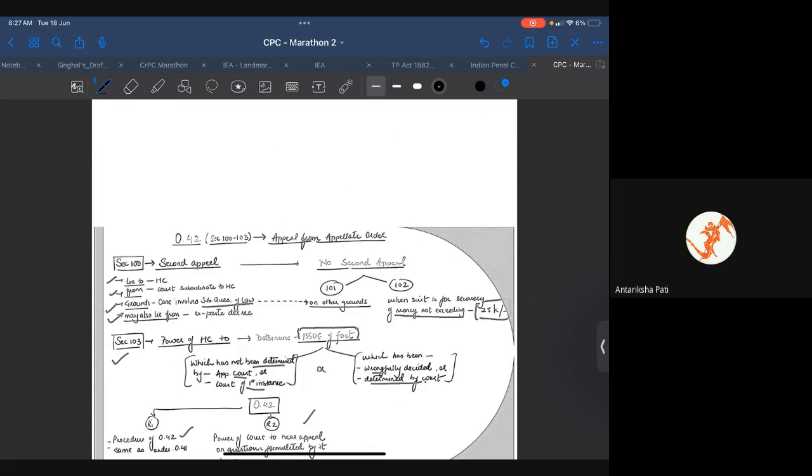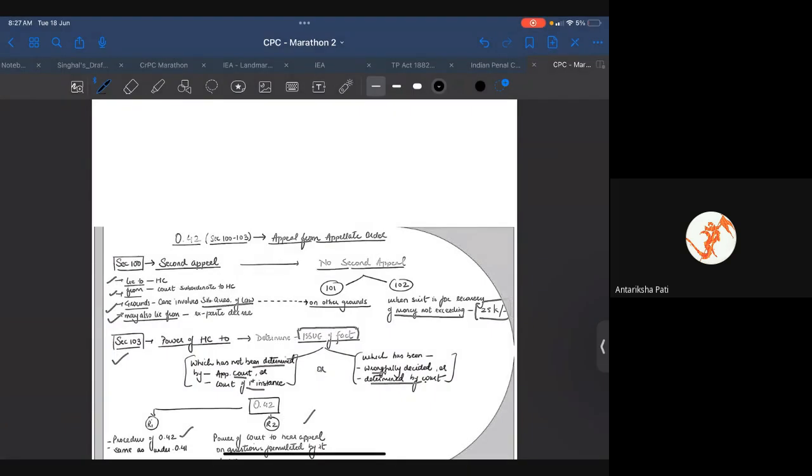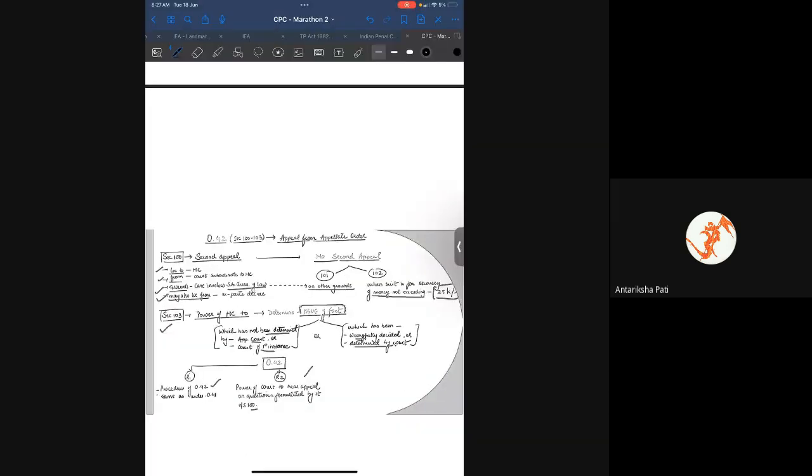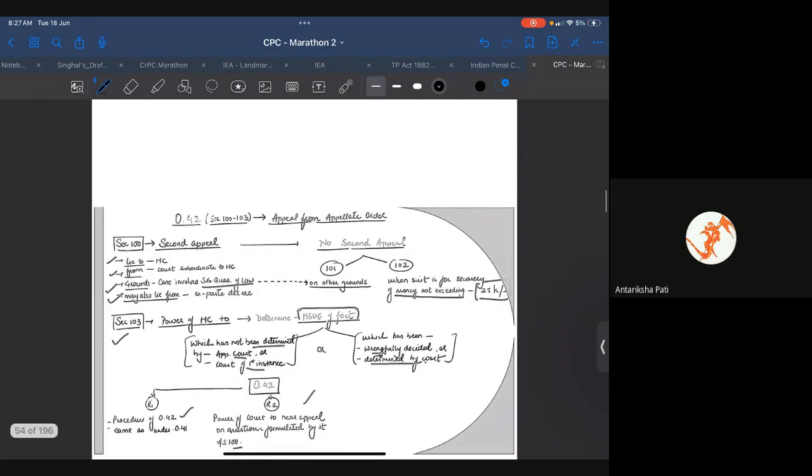Yes, it will lie to the High Court from a court subordinate to the High Court on the ground that the case involves a substantial question of law, and it may also lie from ex parte decrees.